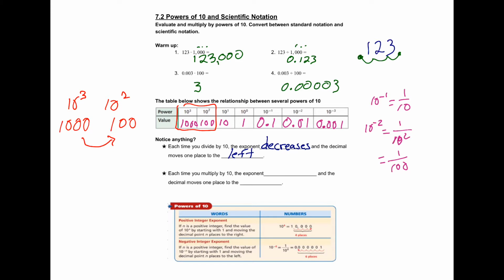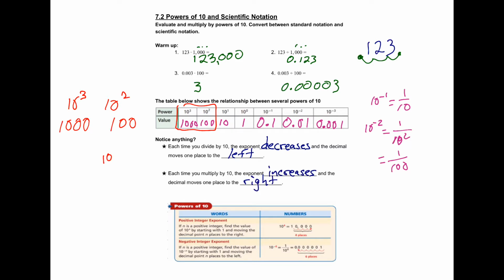The exponent is a 3 here, and my exponent is a 2 here. So when I divide by 10, the exponent decreases, and the decimal is moving 1 place to the left, because notice how we had the number 1,000 with our decimal right here, and then it moves 1 place to the left to become 100.